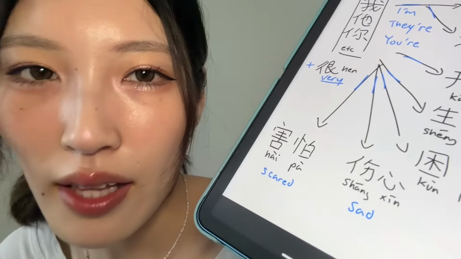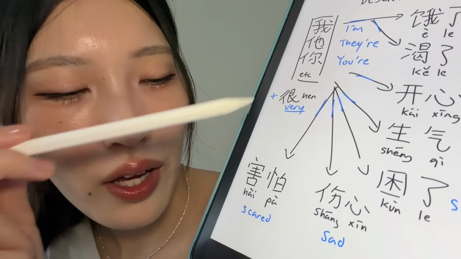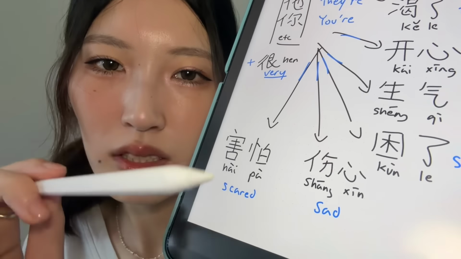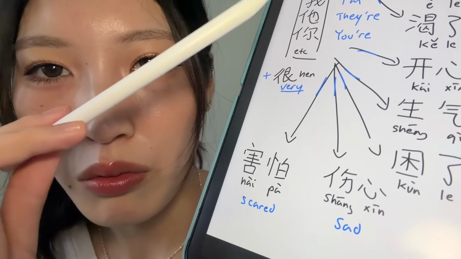Okay. Alright, last one. 我害怕. 害怕. It's both very pitched downwards. 我害怕.